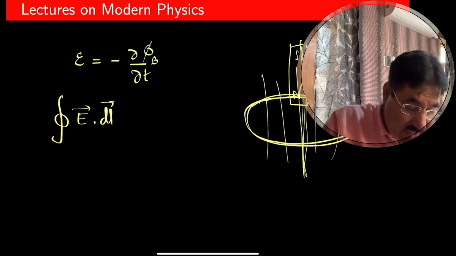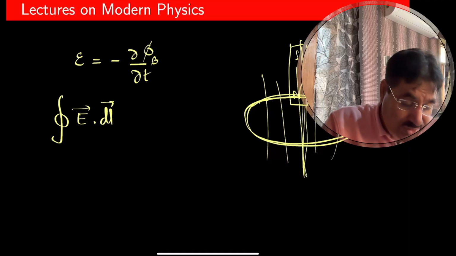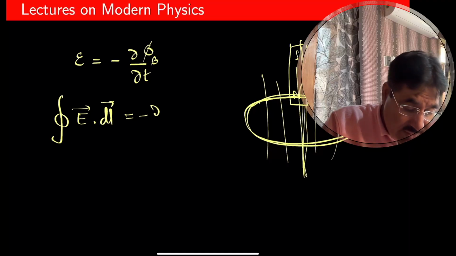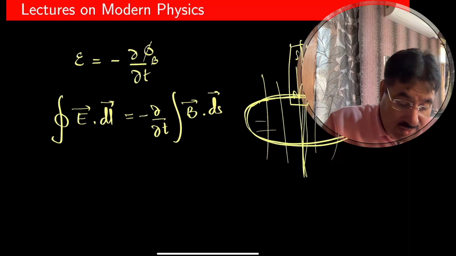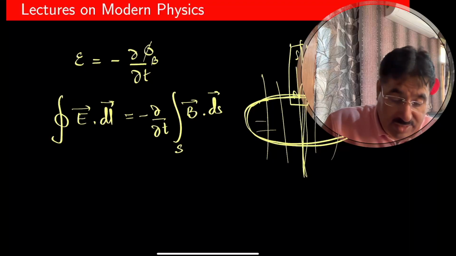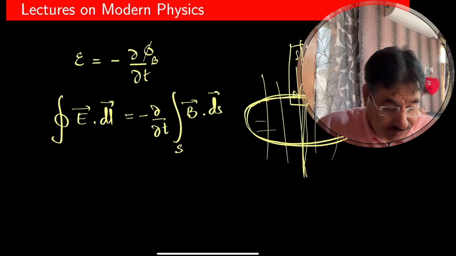E is the electric field created by the change in magnetic field, equal to minus del by del t of the integral of B dot ds over this surface, which is the flux by definition. This surface is not a closed surface, keep that in mind. It's an open surface. Fine.